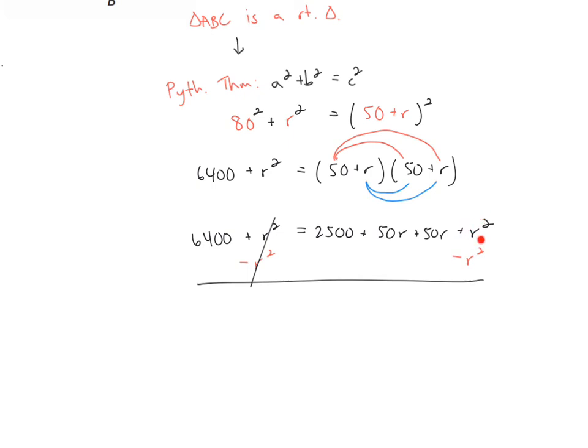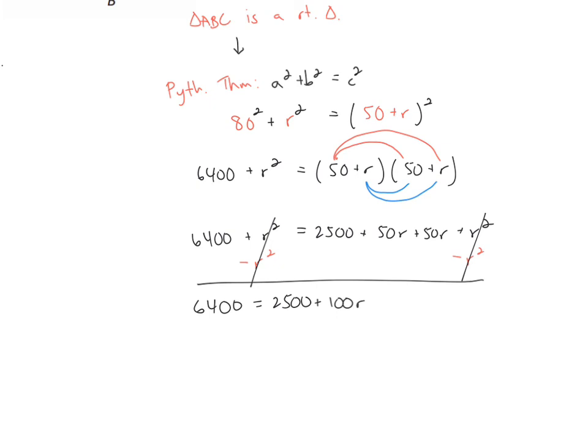I have an r squared on the right side, but I'm subtracting an r squared. So this actually cancels out as well. And here's what we are finally left with: 6,400 is equal to 2,500. And I can combine like terms because I have 50r and 50r. That gives us a total of 100r.